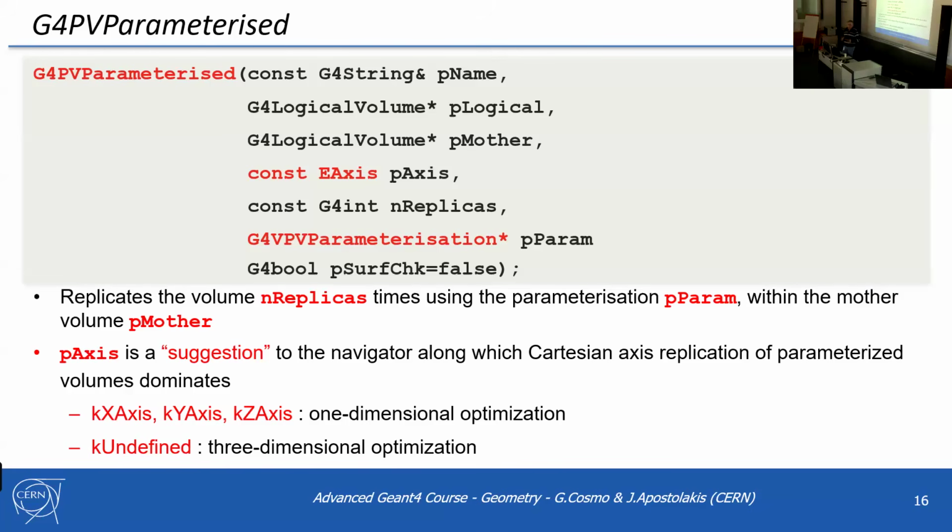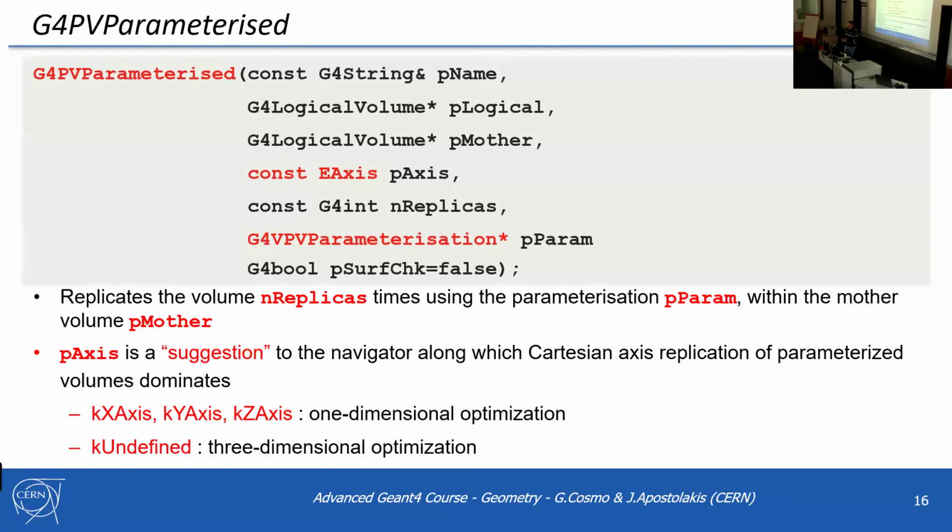So for example, if you do parameterisation by location, which is mainly a placement along the x-axis, you can specify the x-axis, and by doing that, the system will apply an optimisation which is only related to the x-axis, and this will reduce the number of voxels that are generated in the optimisation system for creating the 3D parameterisation.